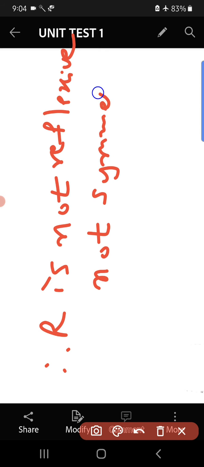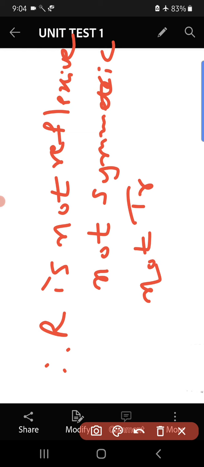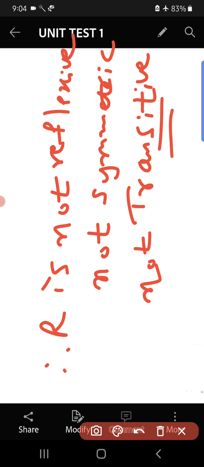So R is not reflexive, not symmetric, not transitive. So this completes the solution for the 13th question.